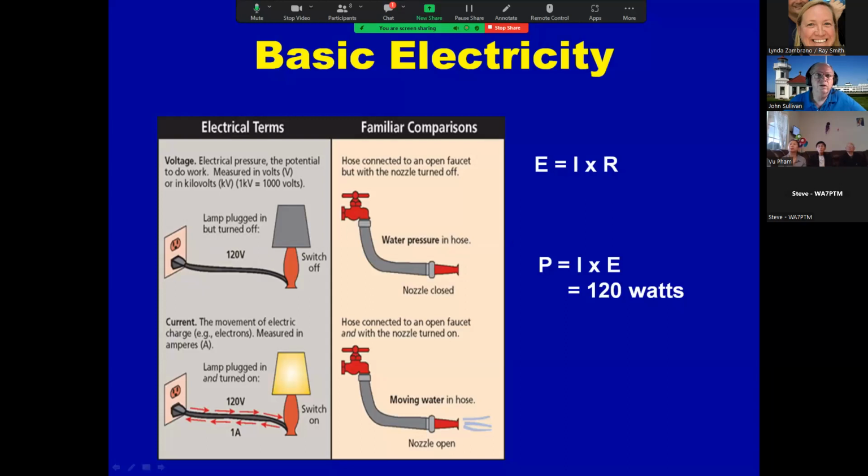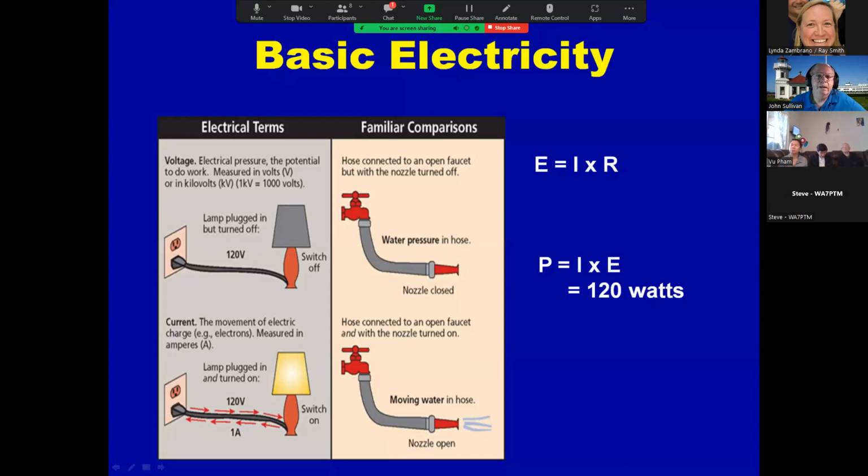There's electric potential, there's voltage at that outlet, but the switch is off, so nothing is flowing. There is no current flow. With the hose, once you open up the nozzle, then the water can flow and move through the hose. Similarly, with a lamp, once you turn the switch on, then there's a completed path for the electricity to flow, and it does.